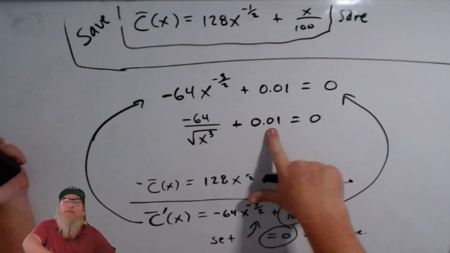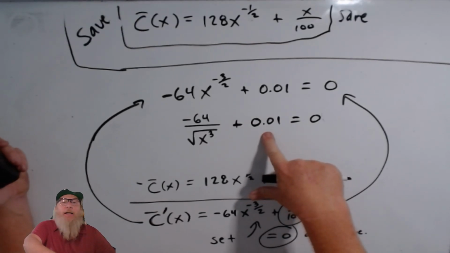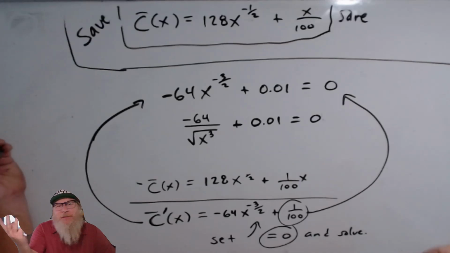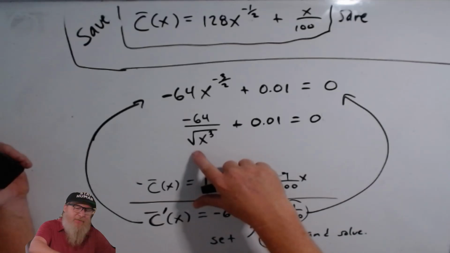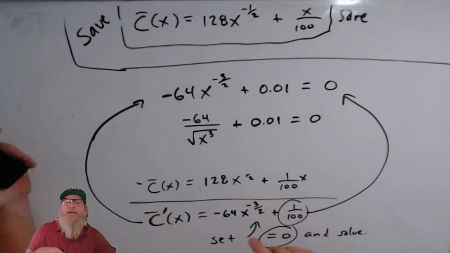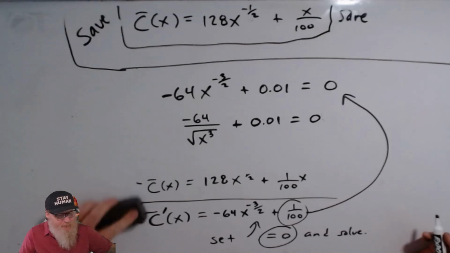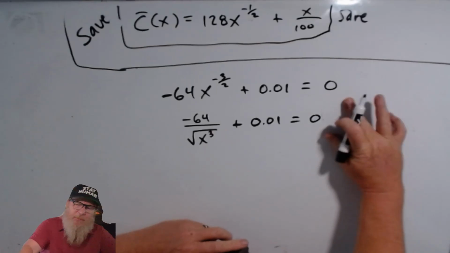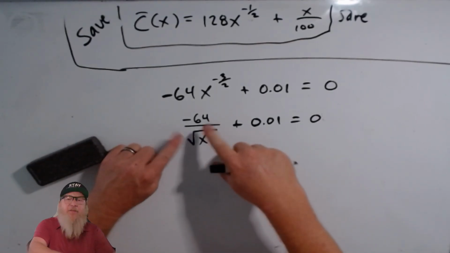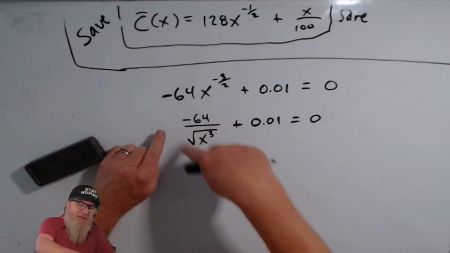It's just instead of a 1, in the last one we had a 1 here, it's 1 cent. And then instead of an x squared, we've got the square root of x cubed. But it's the same basic principle.